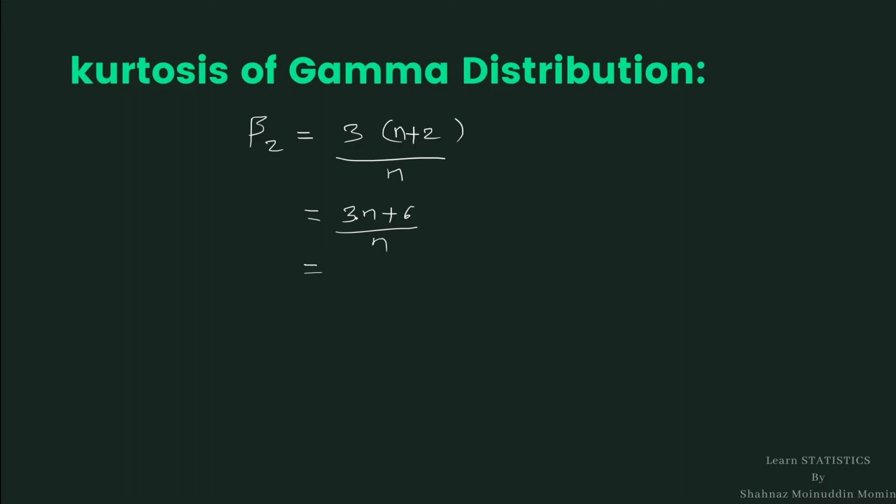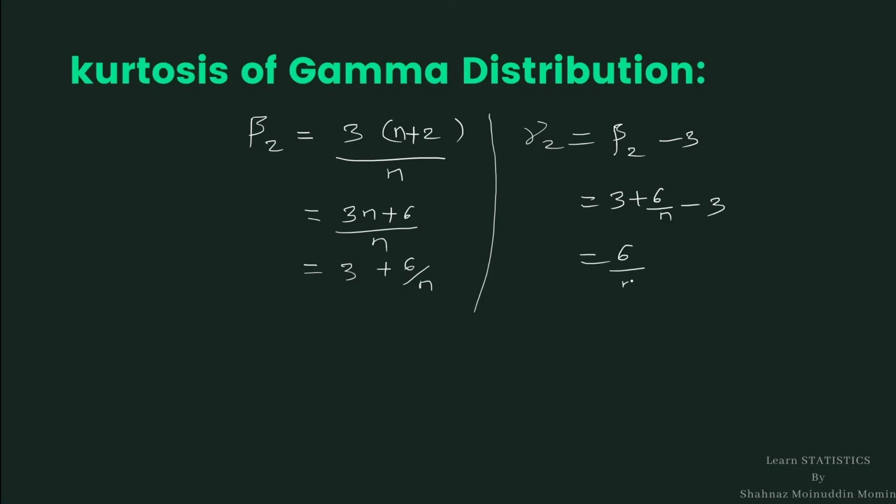By separately dividing by n, we get 3 plus 6 by n, and gamma 2 is equal to beta 2 minus 3, means 3 plus 6 by n minus 3 is equal to 6 upon n.